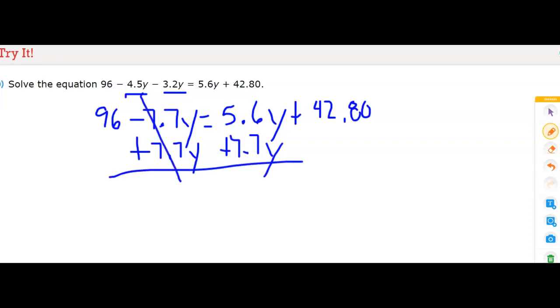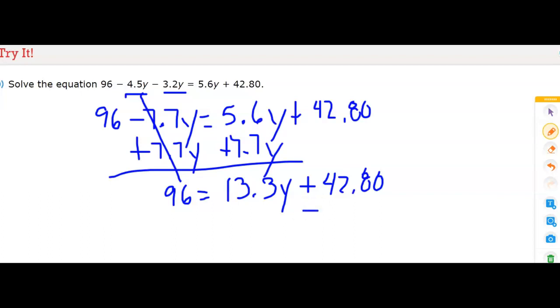So it's going to cancel out on this side. I'm left with 96. And then I'm going to add the 7 and 7/10 plus 5 and 6/10. That is 13 and 3/10 times y plus 42.80.